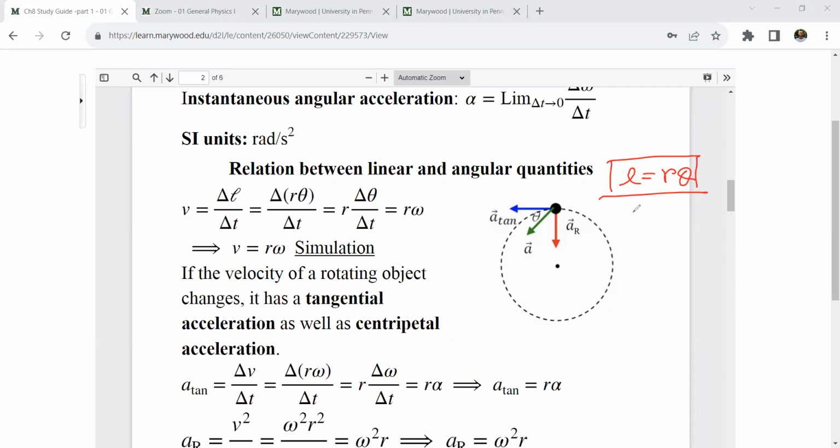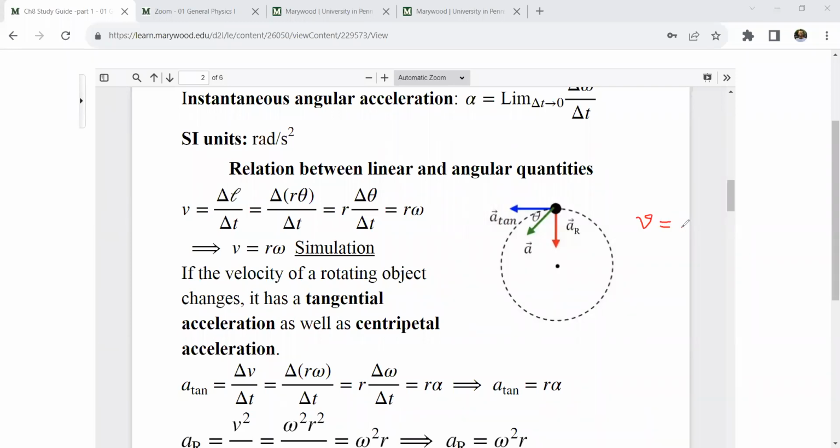Now we are going to find a relationship between the linear velocity and angular velocity, so a relation between v and omega. Let's start from the definition of linear velocity.